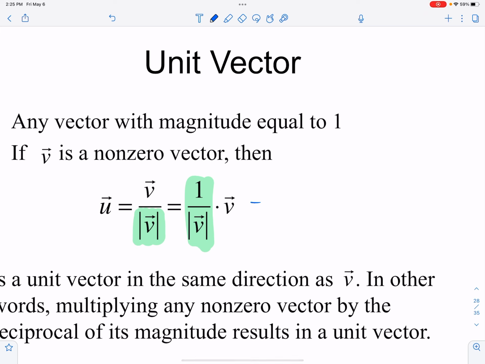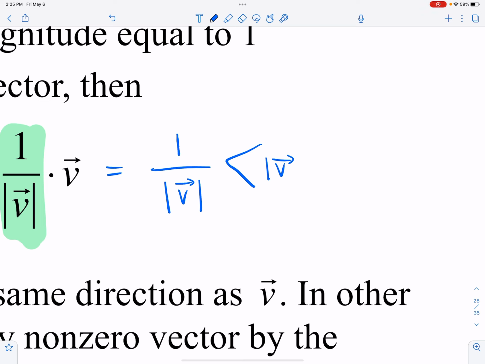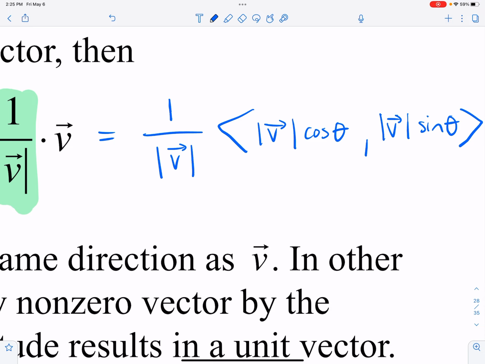Using our new way of finding the horizontal and vertical components, another statement for the unit vector would be 1 over the magnitude times the magnitude of V times cosine theta, comma, magnitude of V times sine theta. Right, so really it just ends up being cosine theta, comma, sine theta.